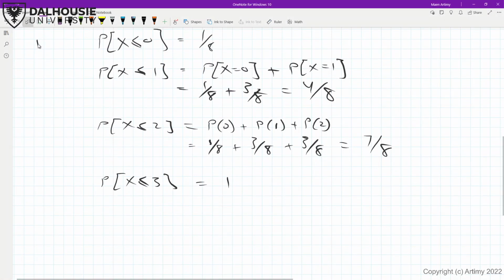So this will be F0, or F1, or F2, or F3.